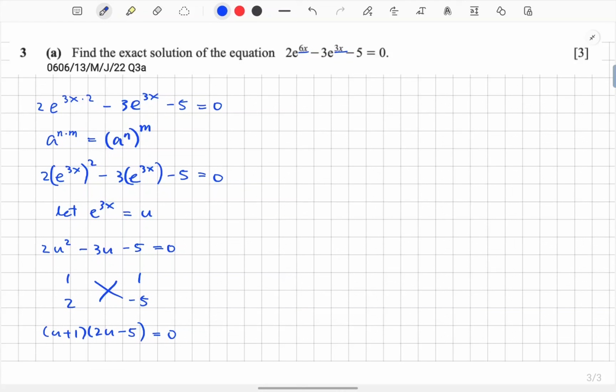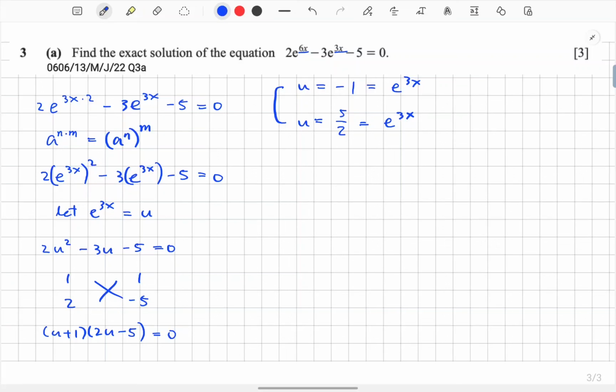Now our u has two solutions. It can be negative 1 or it can be positive 5 over 2. And note that the u here is e to the 3x, and we need to solve for x.